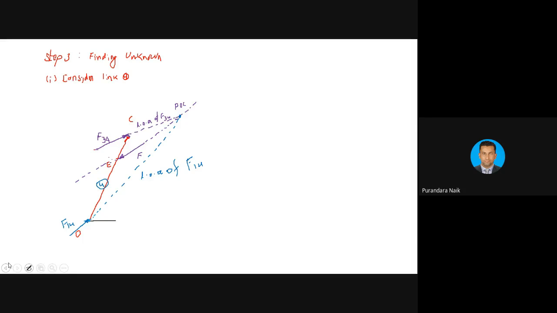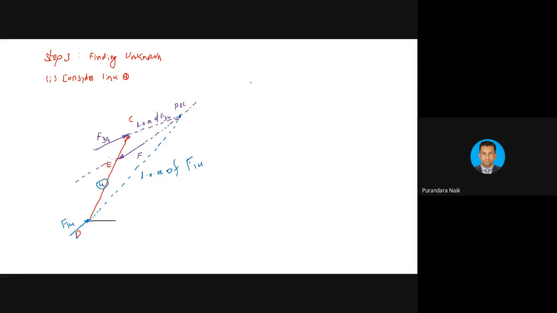Join, full stop, join POC with D, that is line of action of F14. This is D, okay, not O, it is D. Line of action of F14.